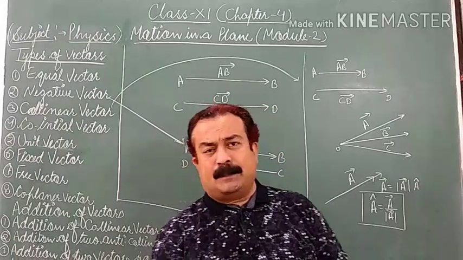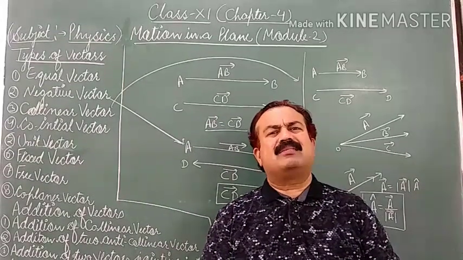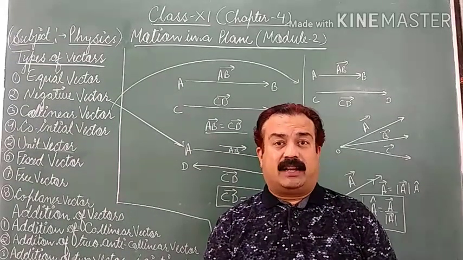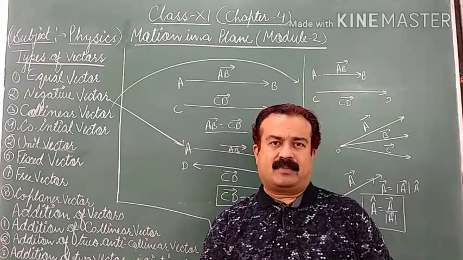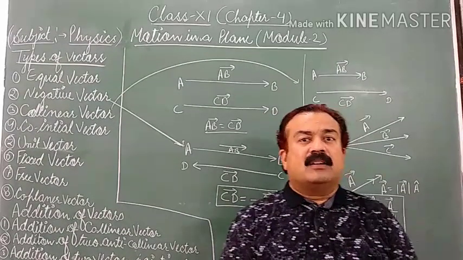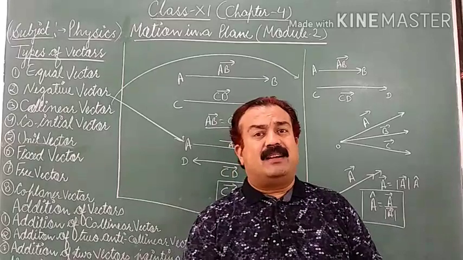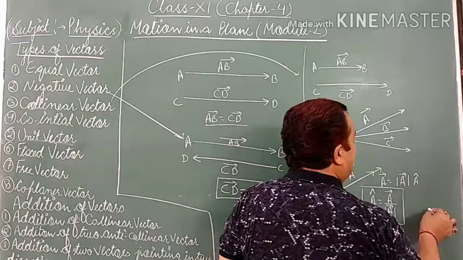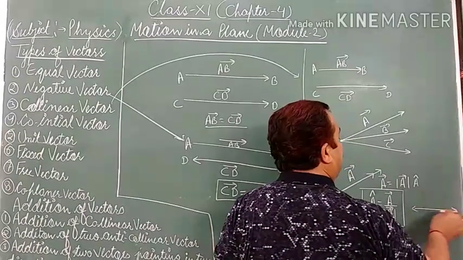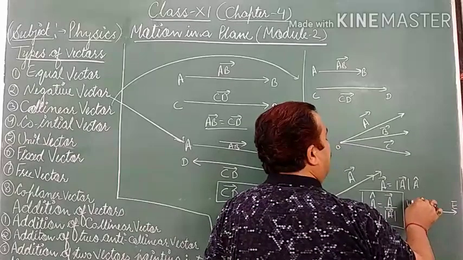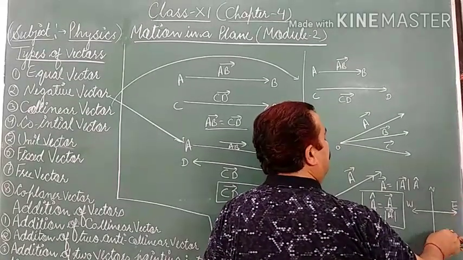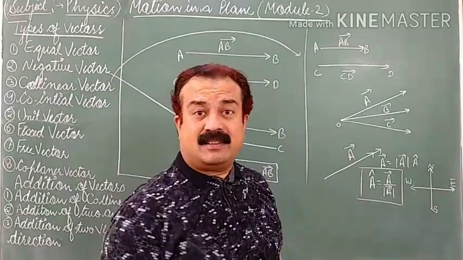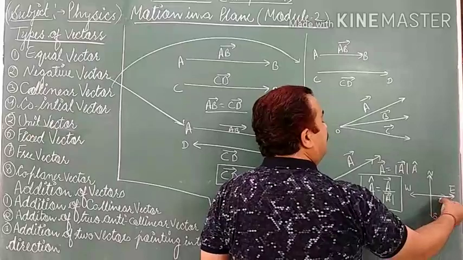Let's say a person is moving with 4 meter per second velocity toward east. You all know the directions which we generally show: east, west, north and south. If I say the person is moving toward east, it means the person is moving in this direction.